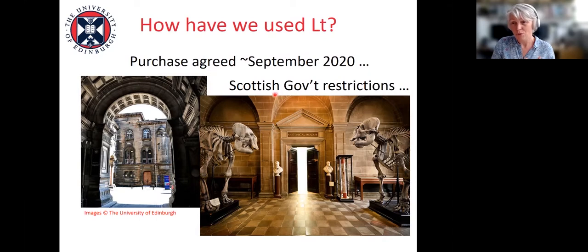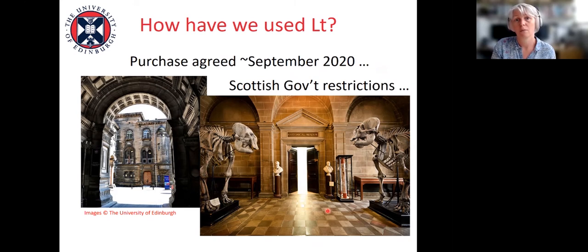This beautiful photograph shows the entranceway into several of our teaching laboratories. I love giving students directions to this because it's the only time I've ever given directions based on turn left at the elephant statues. It's a great direction to be able to give.